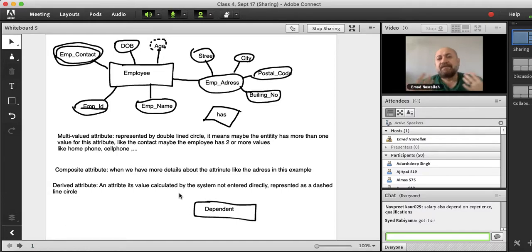But if we are talking about a small company, I'm sure it's not upon the system, because the owner or the manager will specify the salary, not the system. It's not systematic. Any more questions?